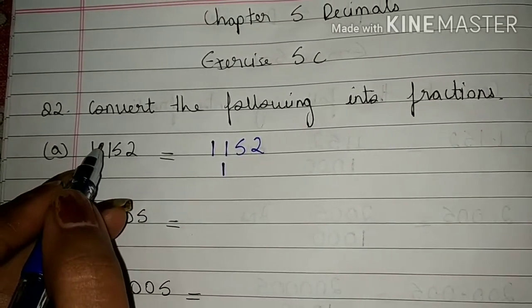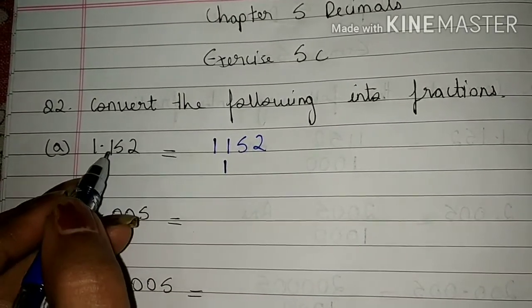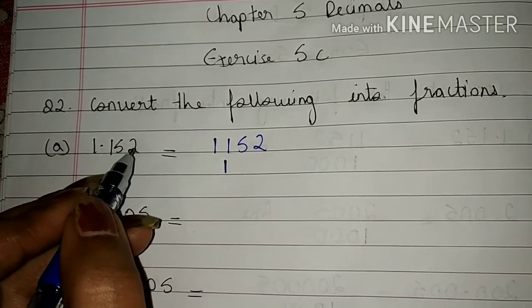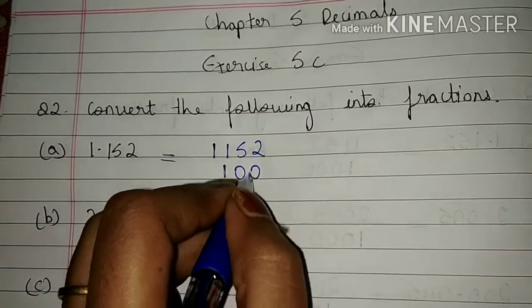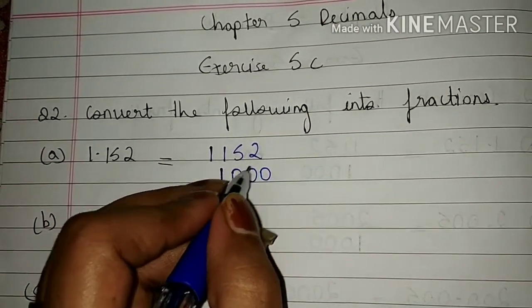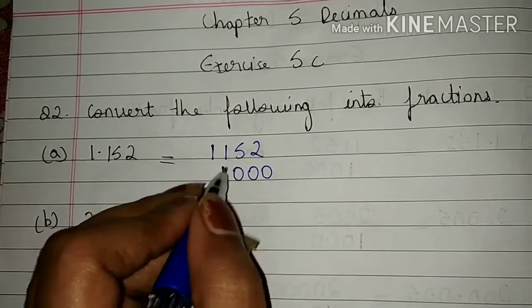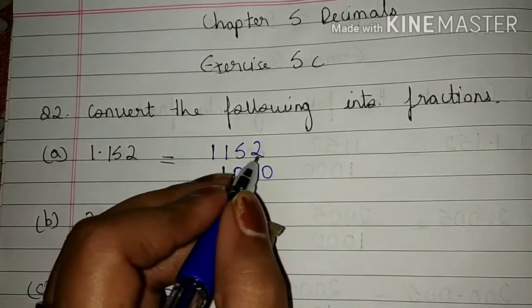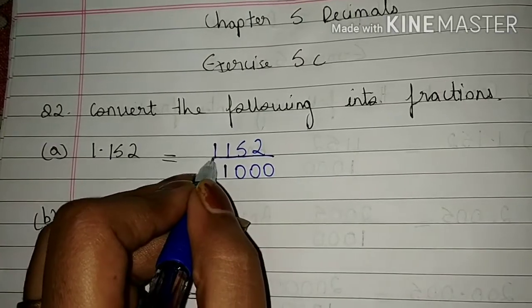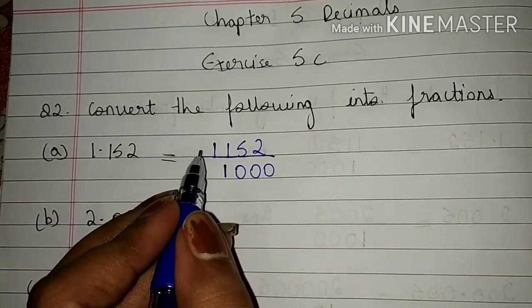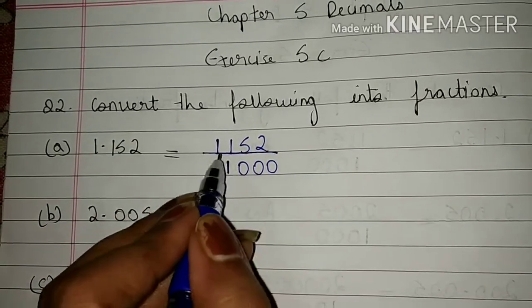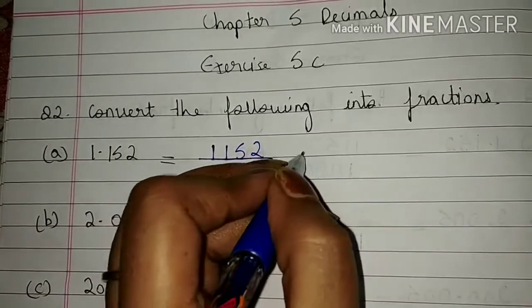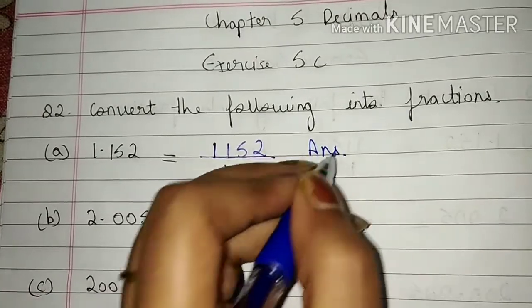So students, we will write 3 times 0 in the denominator. Now students, 1152 by 1000. This is your answer.